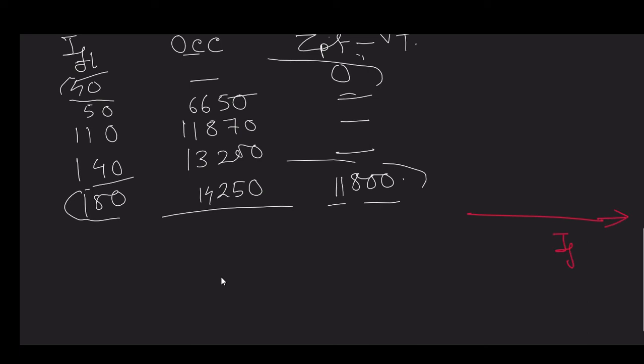This is my IFL. Now for different values we need to plot. So for 50 the value given is 6650. Then for 110 another value is given, that is 11870.